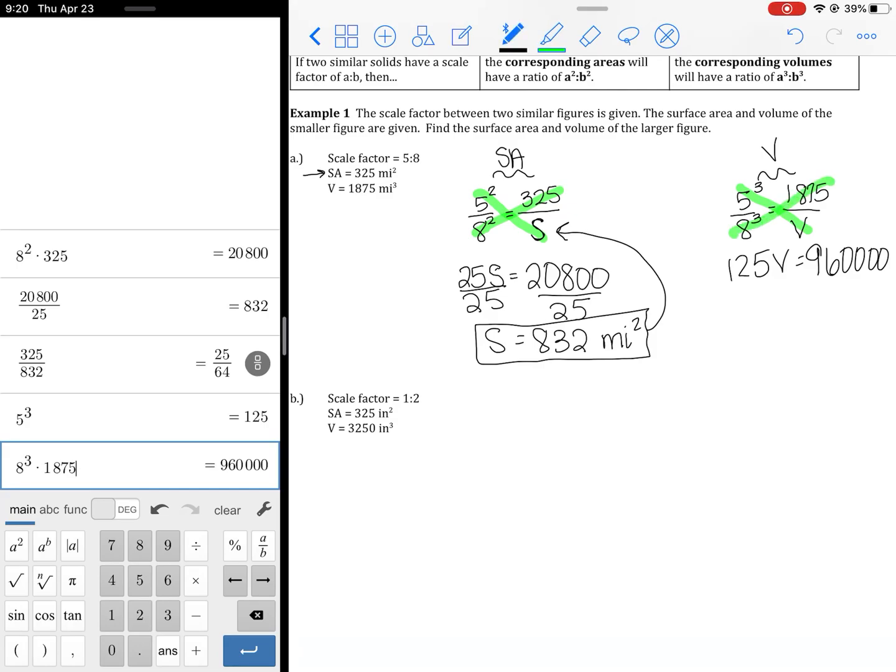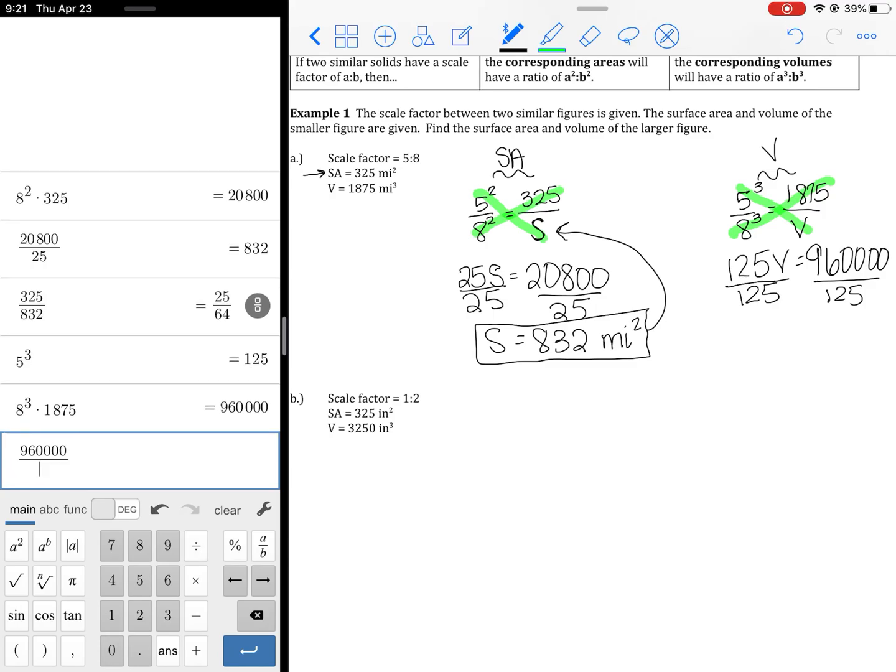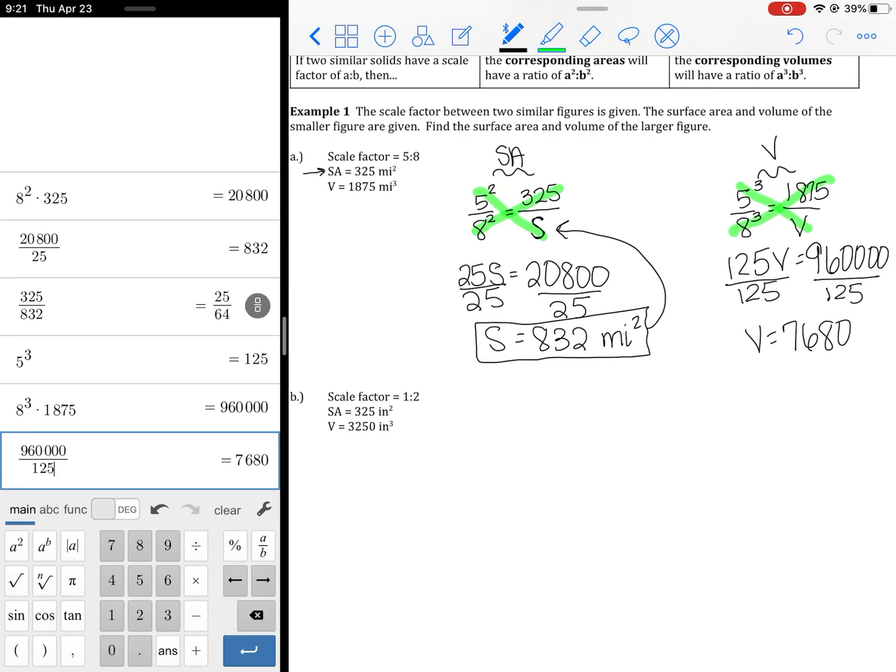Now to solve, I need to divide by that coefficient, 125. So I'll do 960,000 divided by 125, and that gives me 7,680. I'm going to take the units from the original. My volume was in cubic miles, so my volume for the larger one will also be in cubic miles.